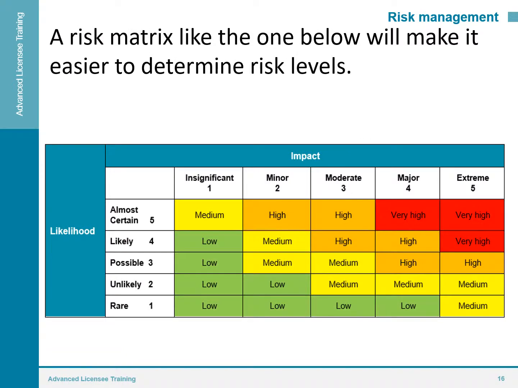A risk matrix like the one below makes it easier for you to determine the risk levels. For example, if an event has a very high impact, that means death or loss of business, and it's almost certain to happen, it has a risk rating of very high. That means that a lot of your resources should be allocated to reducing that risk.